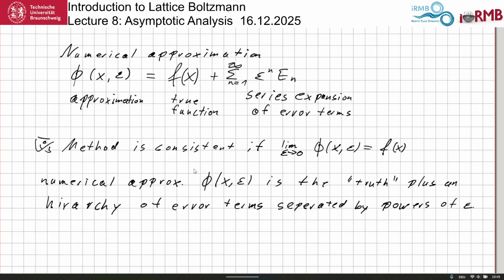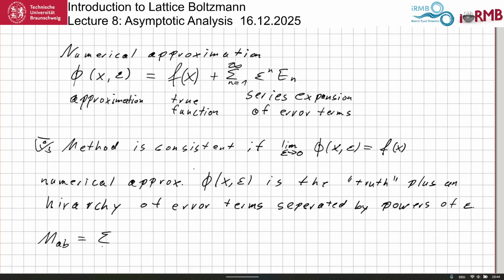Now, how do we get this into our method here? By evaluating our lattice Boltzmann method, we get a moment M_ab. This is what comes out of our numerical approximation, so this is phi. But we don't want to know phi, we want to know f.